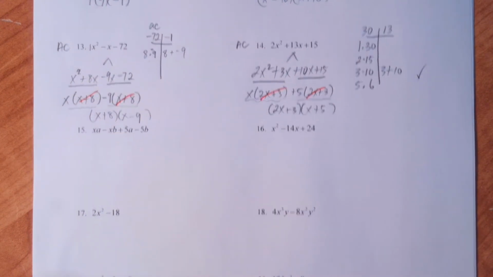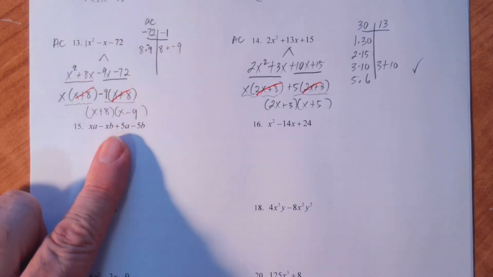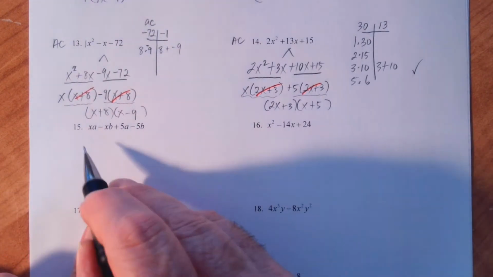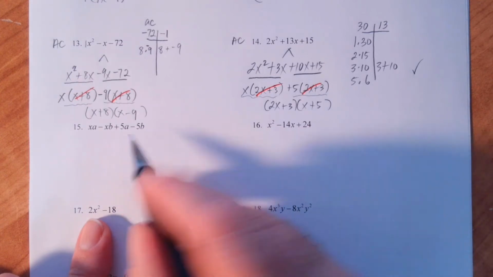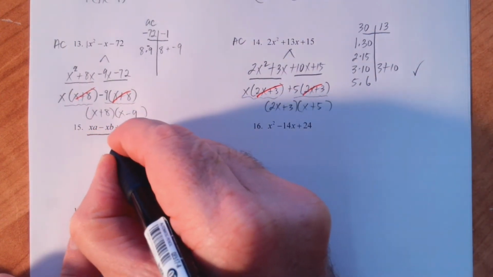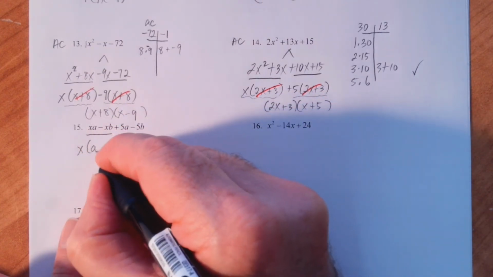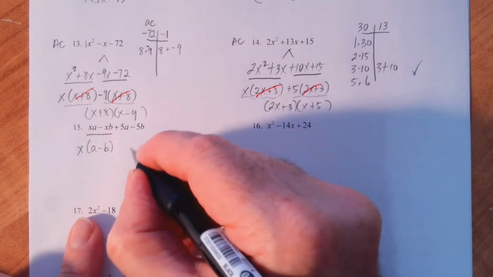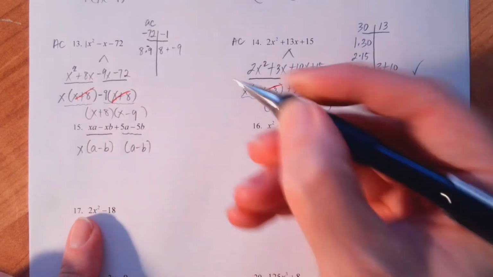All right, on number 15, we have four terms, which is basically a giveaway that we're going to want to factor by grouping. But you do want to double check that there is no greatest common factor, and there isn't. So let's factor the first two terms. We can factor out an x. It'll be x times a minus b. And so when we factor here, we're expecting to get an a minus b.